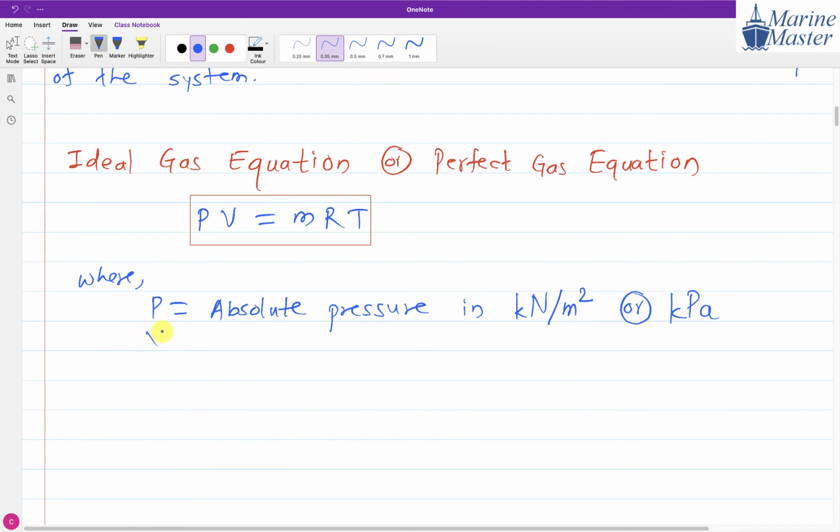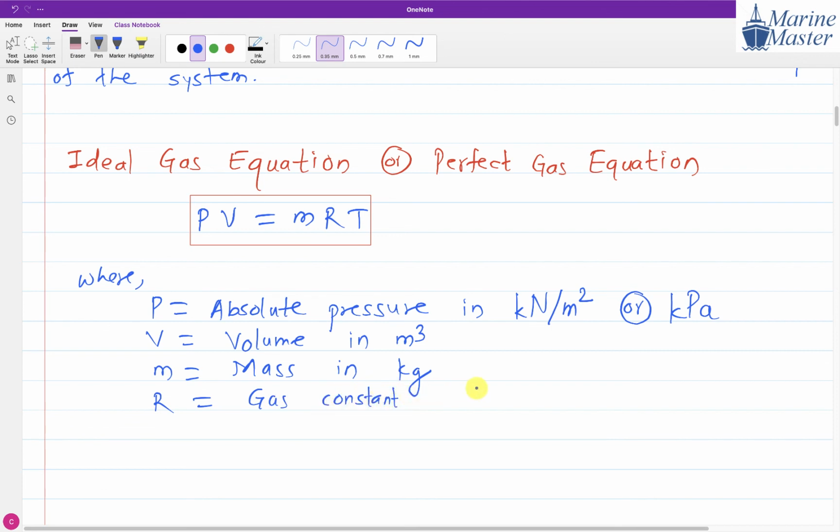Then what is the meaning of V? V means volume. What will be the unit of volume? Meter cube. Then m stands for mass, in kg. Then here is a new term. R stands for gas constant.